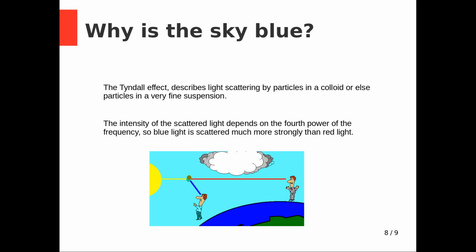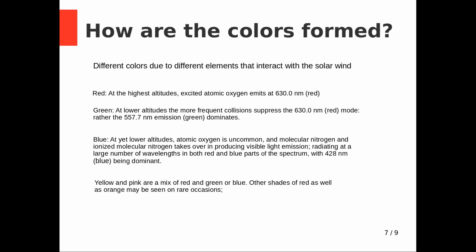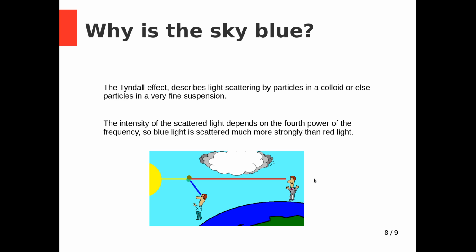As I said in the past, nitrogen is the most common element in our atmosphere. So here we have the nitrogen. It creates the blue wavelength. So in the atmosphere, the most common element is nitrogen, and that is why we see our sky blue.